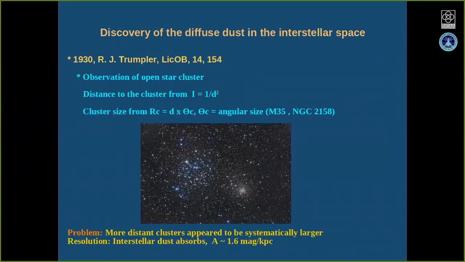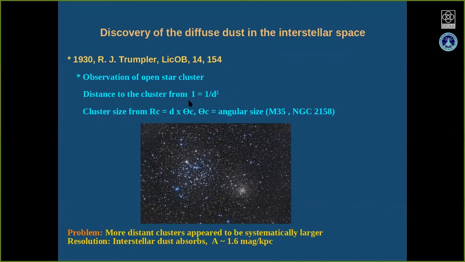So after that, in 1930, R. J. Trumpler published a paper in the Lick Observatory Bulletin. What he did was observe a number of open clusters, and from the intensity of those open clusters he tried to find the distance.